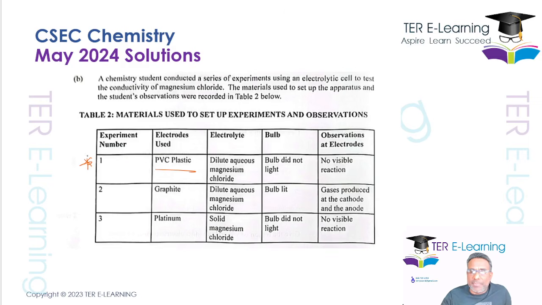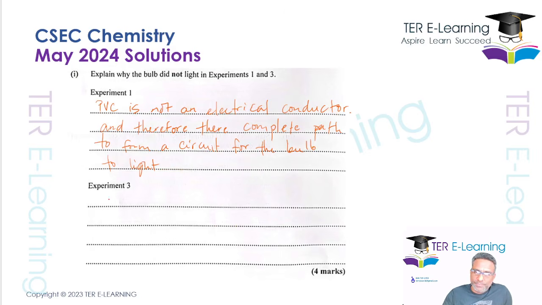Third experiment, the bulb doesn't light either. So we have platinum. Well, platinum is a conductor, yes, but what we notice is that we have solid magnesium chloride. So therefore, magnesium chloride, MgCl2, right, is an ionic compound.